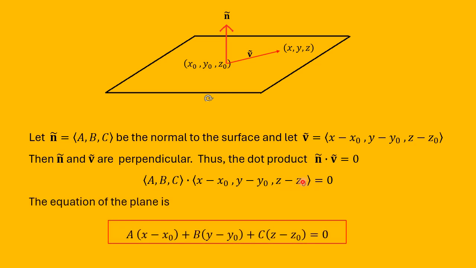And so what we get is a times x minus x naught plus b times y minus y naught plus c times z minus z naught equals 0. That followed directly from the definition of the dot product, and also the fact that the dot product of two vectors that are perpendicular to each other is 0.